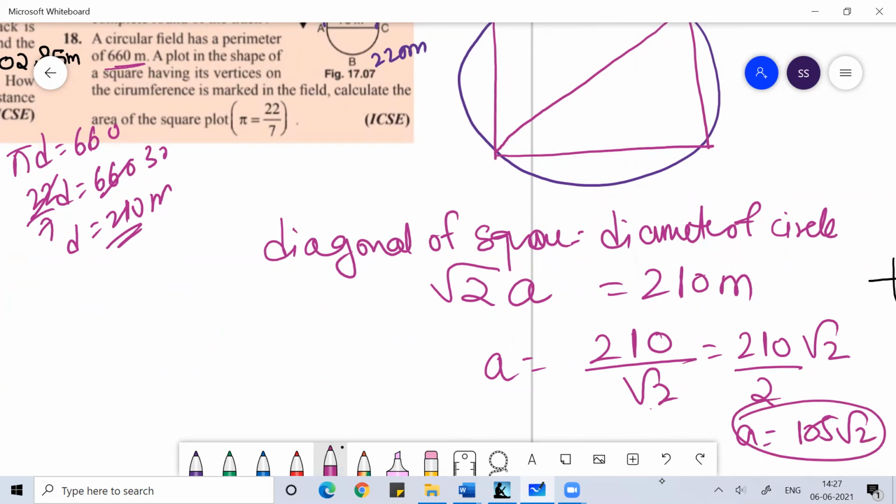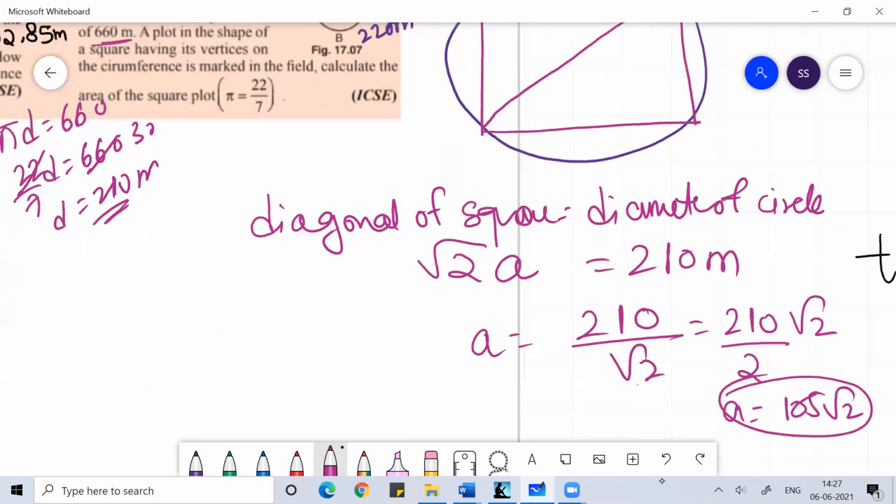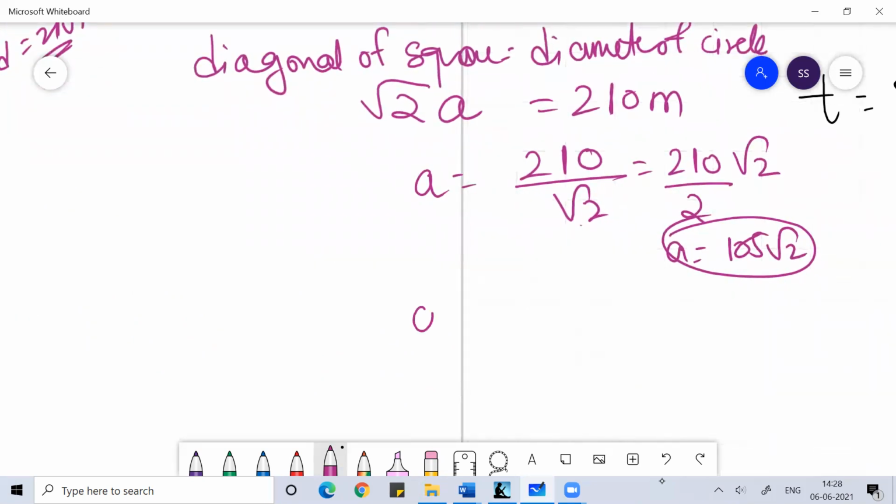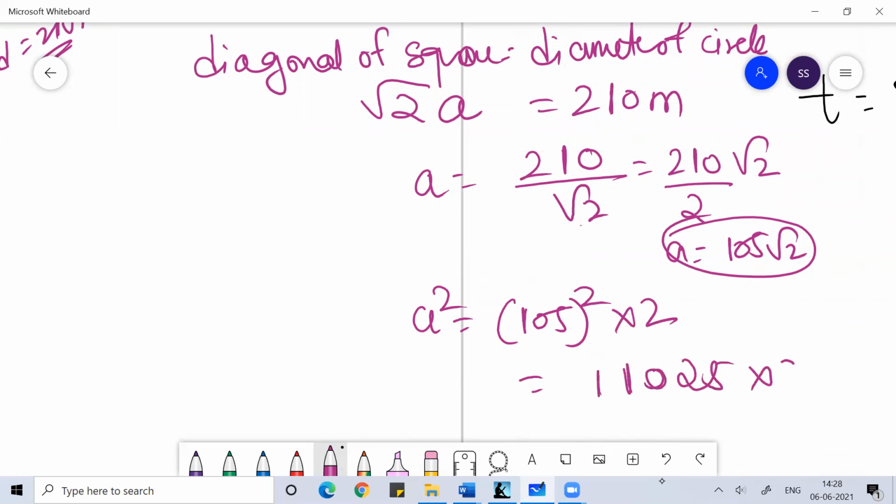You understood this? Yes, sir. Once you get a, the area is a square, meaning 105 square into 2. What is 105 square? 11025 into 2.